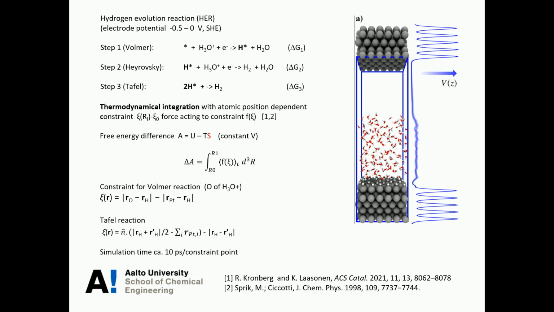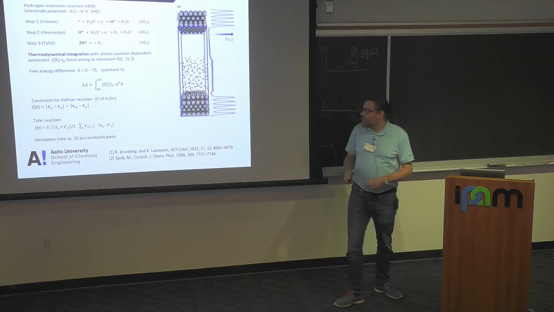With the constraint fixed, we do molecular dynamics simulation, collect the data on the constraint force, and average it over these windows. Then we get one point, and in the end we can integrate to get the Helmholtz free energy.